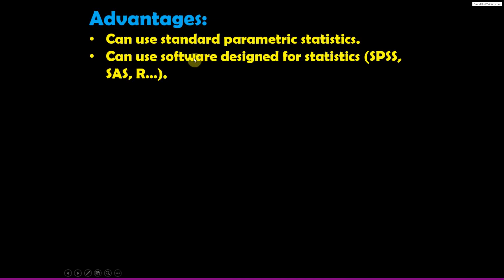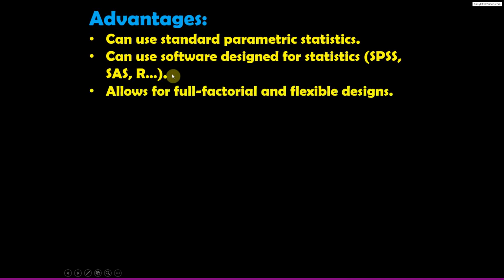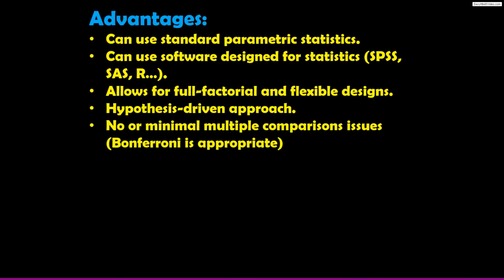You can also use software that's specially designed for statistics, and this allows for more full factorial or flexible statistical designs. It's very hypothesis driven. Once you carve out this window in time frequency space, it's appropriate to use a p-value of 0.05, and you don't necessarily need to correct for multiple comparisons unless you are actually doing multiple comparisons, like multiple frequency bands or multiple electrodes and so forth.